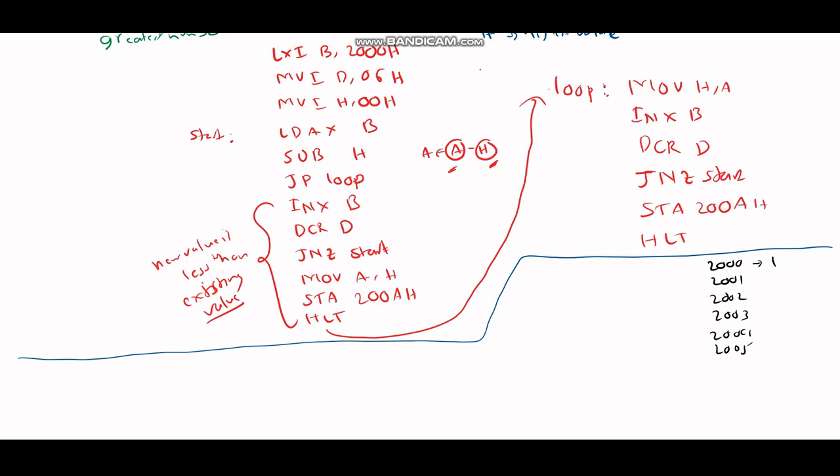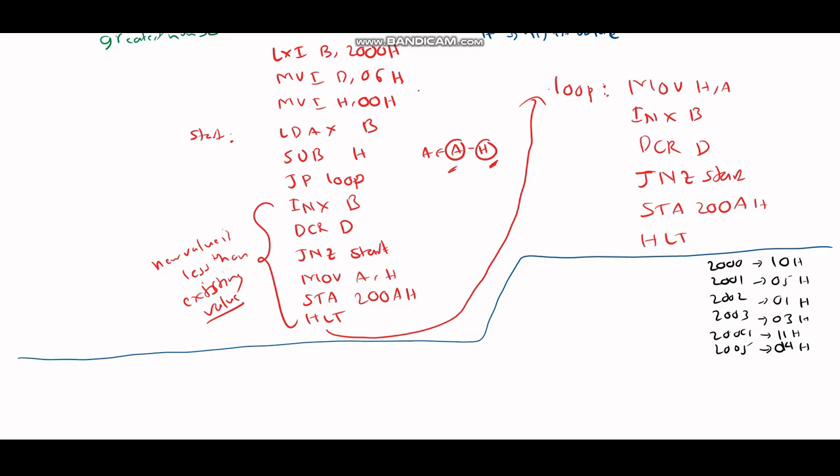Let's say we have 10H, 05H, 01H, maybe say 03H. Okay, let's not put 10, maybe I can say I have 11H here, and then 04H here.